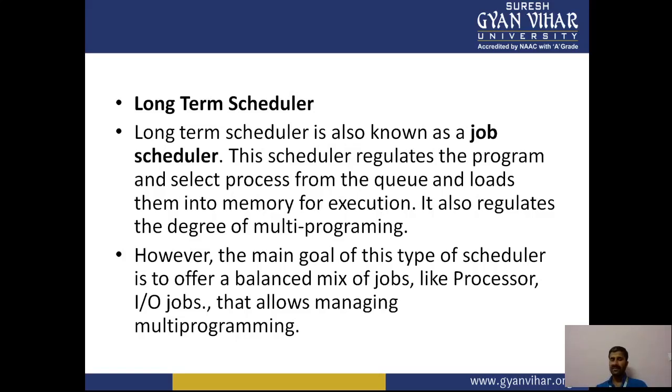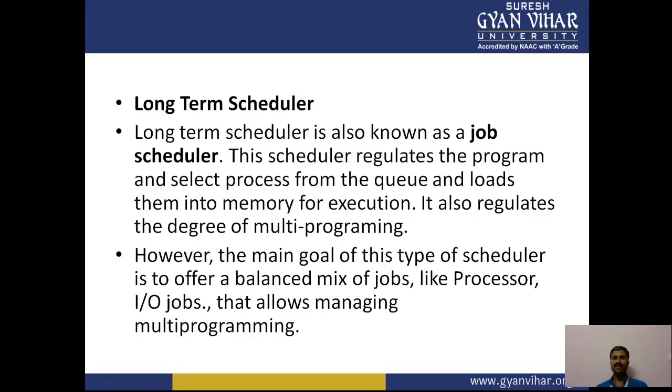So it is now clear that the long term scheduler takes processes from the secondary memory and keeps them in the main memory. The long term scheduler is known as the job scheduler.